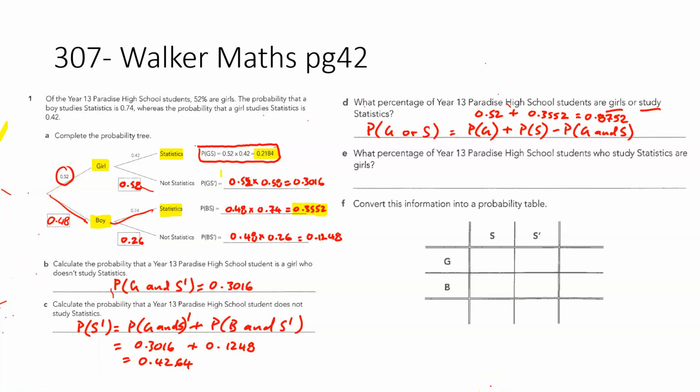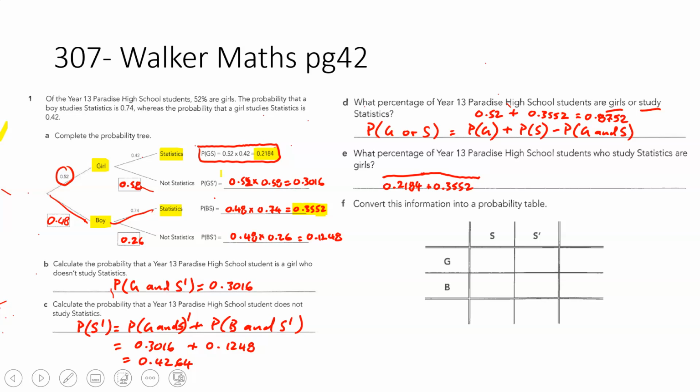First of all, we need to know the probability that you study statistics, and that's these two highlighted values together, 0.2184 plus 0.3552, and that represents all the people who do statistics.